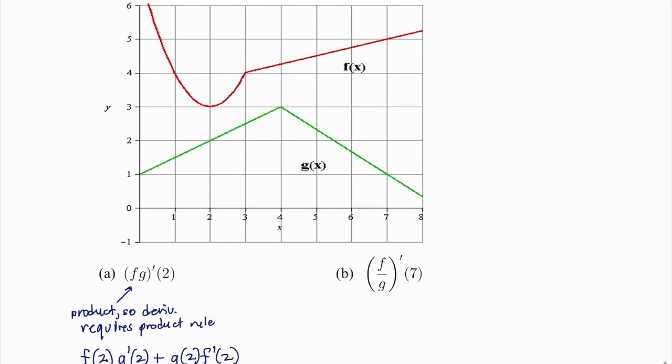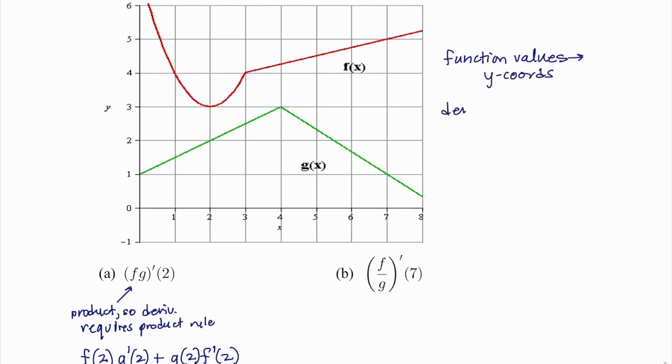Anytime I have function values, I want just the y-coordinates from the graph. And anytime I have a derivative, I want the slope from the graph. So function values, those are y-coordinates.